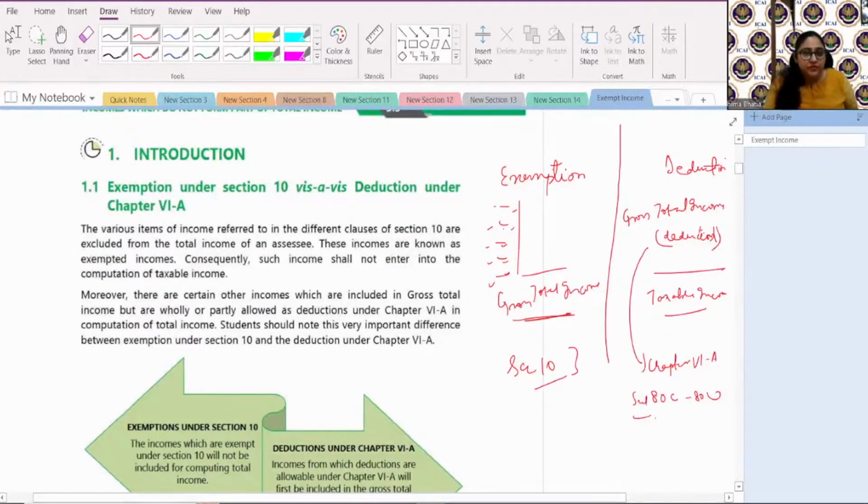So दोनों में difference is very important. You cannot use the word exemption की place में deduction or deduction की place में exemption. Exemptions means income not getting taxable. Deductions means from the total income which is now taxable, which is now computed, you are reducing the deductions. So this has to be very clear.